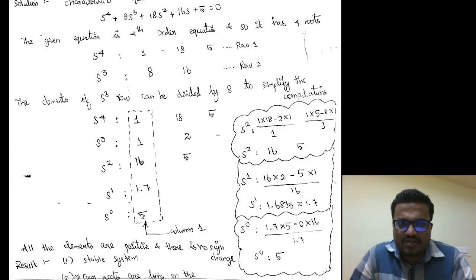The same is repeated for the other value: 1 into 5 minus 0 into 1, since there is no value, divided by 1. After calculating all the values, we write them in the next row. For example, we get s power 2 as 16 and 5, so we write 16 and 5.